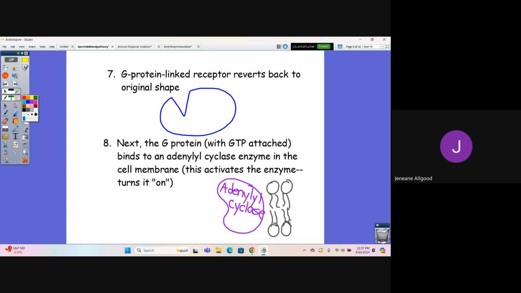All right, so our activated G protein with its GTP attached.